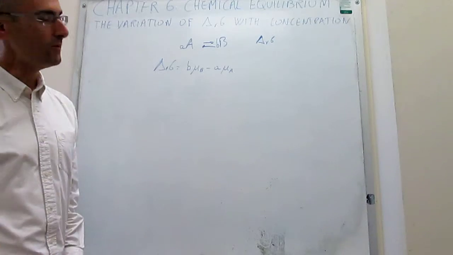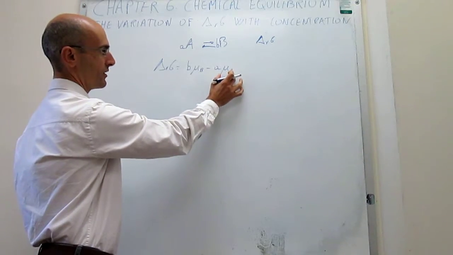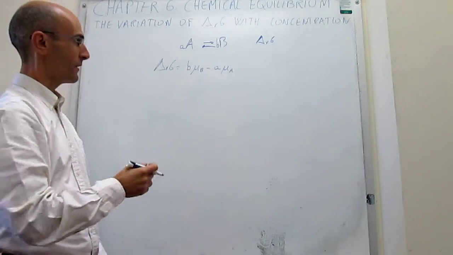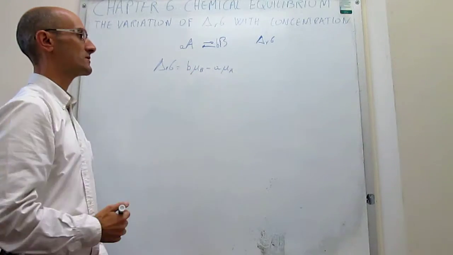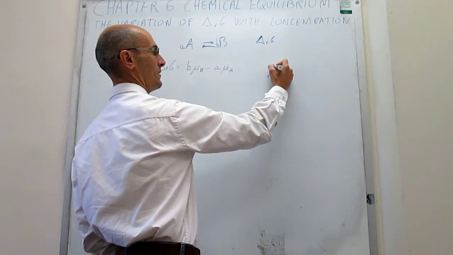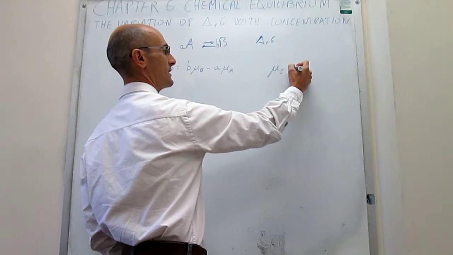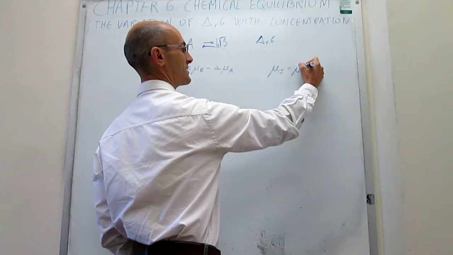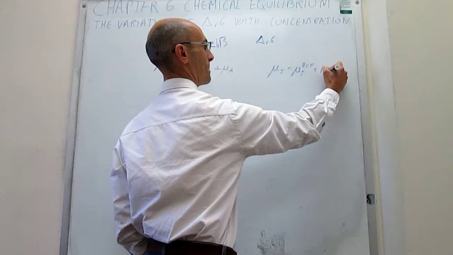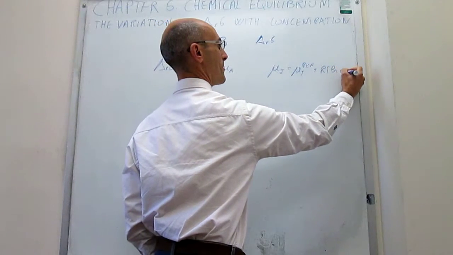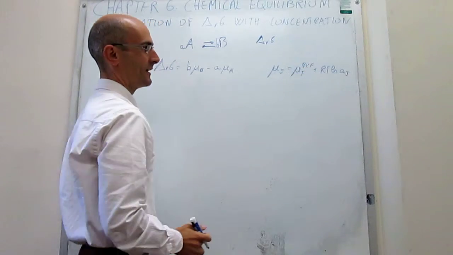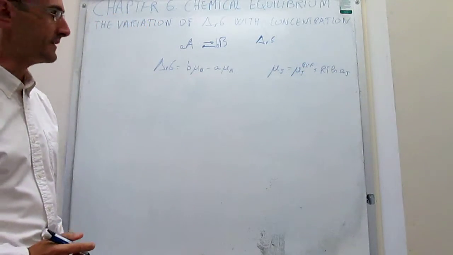Alright, so what we do now is use our knowledge of chemical potentials to substitute those values into these expressions right there. Okay, so for our chemical potential, we said that the placeholder expression that we're going to be using is this: the chemical potential is equal to the chemical potential at a reference plus RT natural log of the activity.